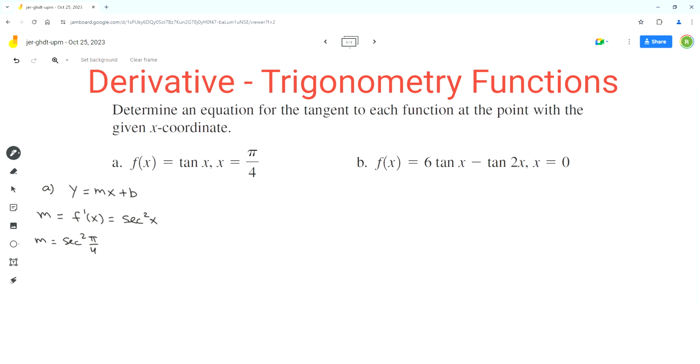Now we have to evaluate this expression. We know that secant is the reciprocal ratio for cos, so secant square can be written as 1 over cos square. Now this is the square of cos pi over 4, and we know cos pi over 4 is equal to 1 over square root 2.